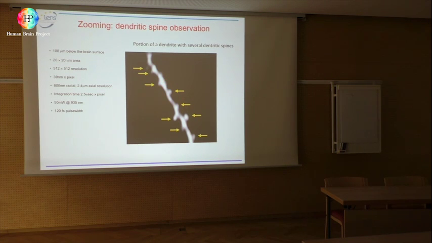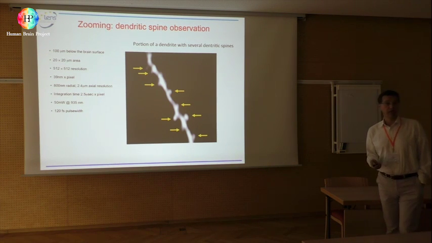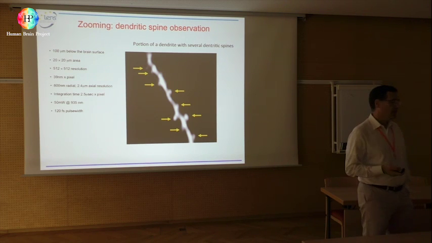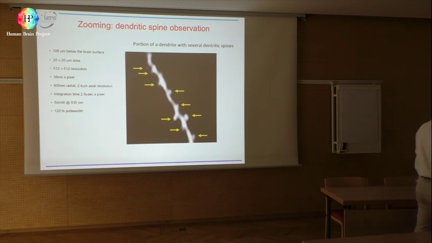And of course, you are limited in resolution with respect to, let's say, electron microscopy. But the electron microscopy is only ex vivo, and it is pretty much time consuming because in order to make a small volume, it takes days and days. So it's a complementary technique, but for in vivo, this is the only opportunity.